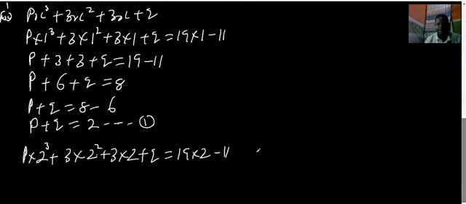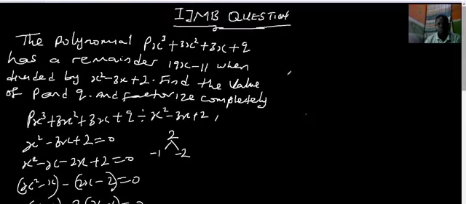So 2 raised to power 3 is 8, so you will have 8p plus, 2 squared is 4 times 3 gives 12, plus 6, plus q equal to 38 minus 11. So you will have 8.